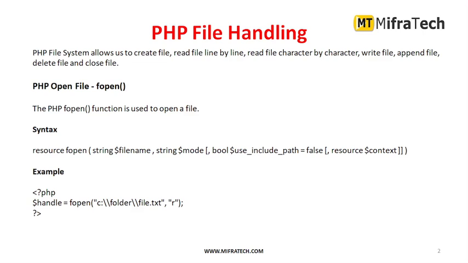The syntax: resource fopen(string filename, string mode, bool use_include_path = false, resource context). Example: you can see a PHP handle is equal to fopen, the file path and the file mode, whether readable or writable. Like we have given the readable mode, the folder name, csv file .txt.